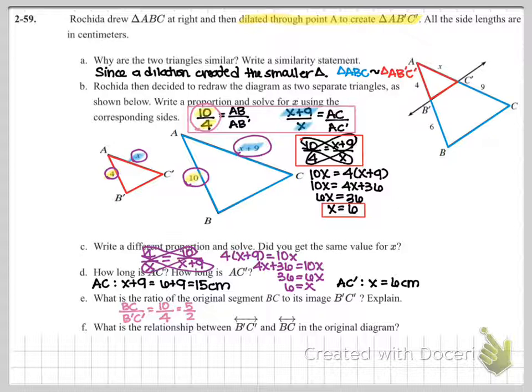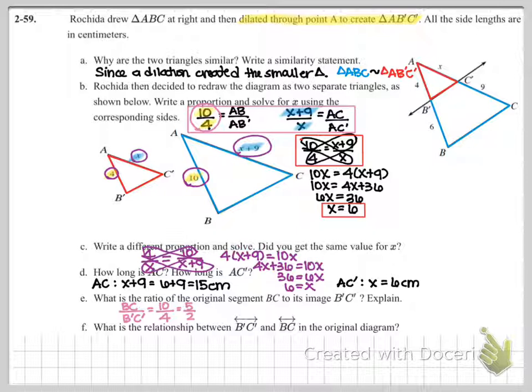What's the relationship between those two in the original diagram? Well, there's a lot that we can say here. If we know that these two triangles are in fact similar, which they are, then all of the corresponding angles inside the triangles are going to have to be congruent, since that's one of the requirements for similarity.